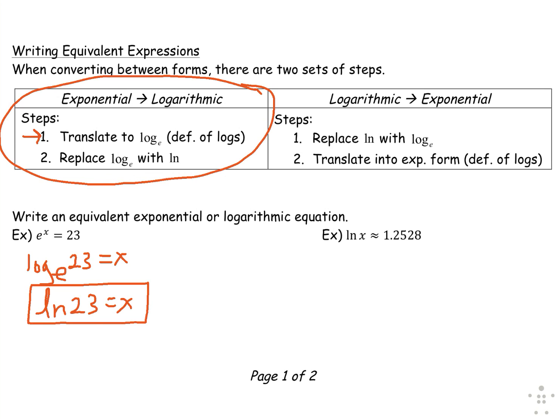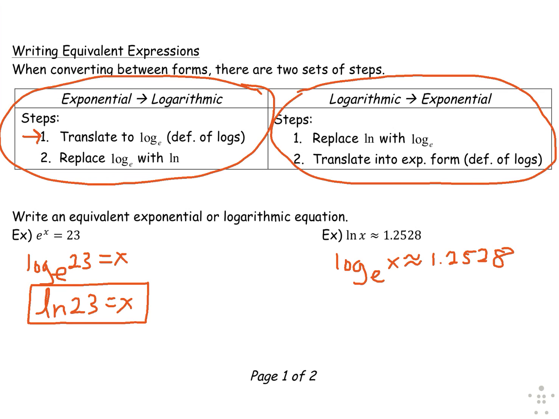With the next example, we start off with the natural log, and probably right now it's not automatic that whenever you see the ln you know that's log base e. So until that develops, it's good to replace the natural log, the ln, with log base e. Now we are taking a look at this second column. So we're doing this replacement, step 1.